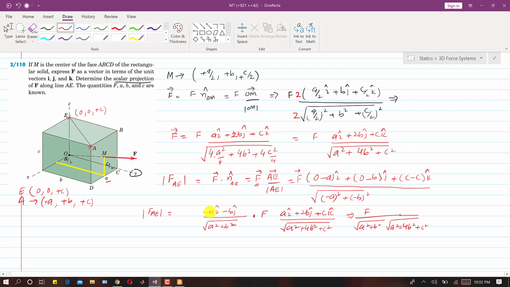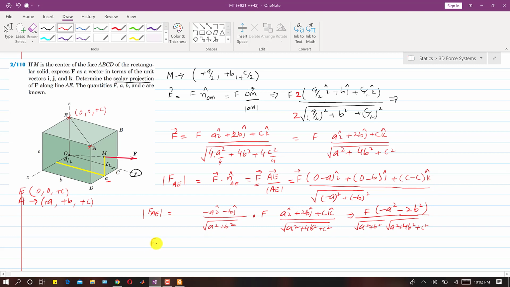If I multiply this, it will be minus a square, and i dot i is 1, right? And similarly I will multiply this, so it will be minus 2b whole square, and j dot j will be 1, right? So we will have this one, right?